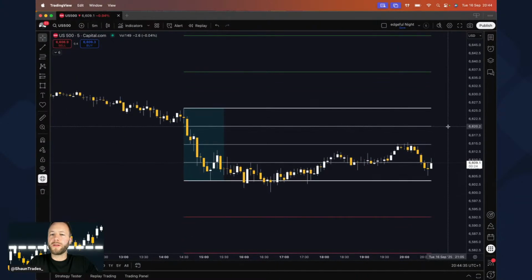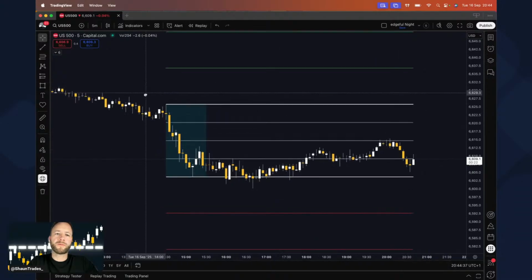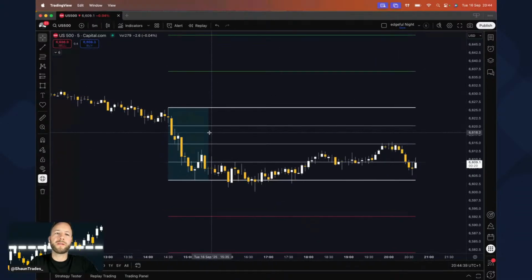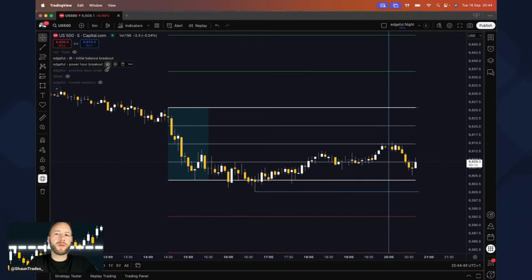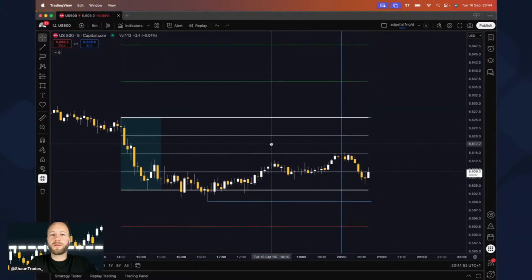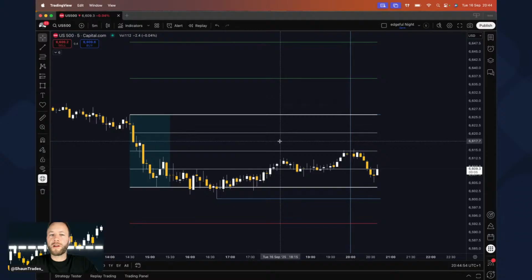So we've talked about the initial balance breakout indicator, which is really, really handy for my strategy. My strategy is based around the power hour, which you can see here, power hour breakout. Open that, and of course we have a couple more lines. There are three lines, with one hiding behind this white line here.